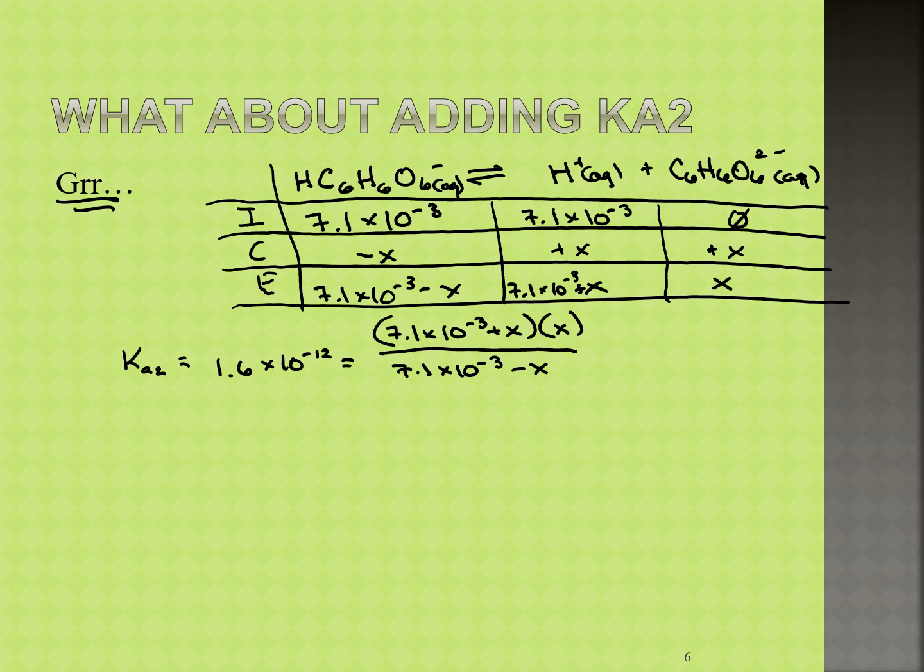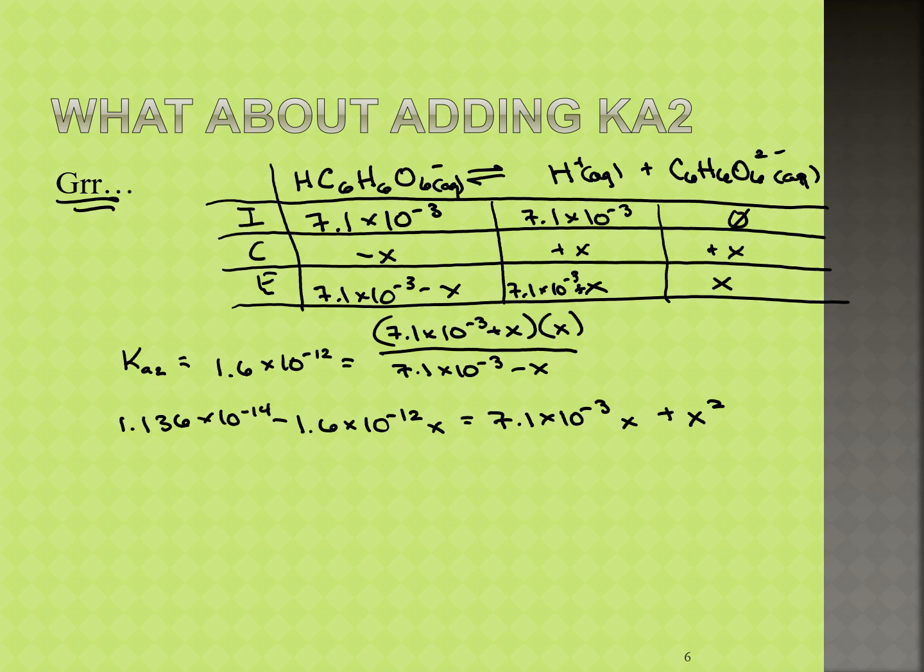So I'm going to end up with 1.136 times 10 to the minus 14th minus 1.6 times 10 to the minus 12th X is equal to 7.1 times 10 to the minus third X plus X squared.